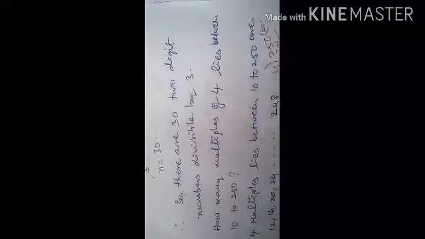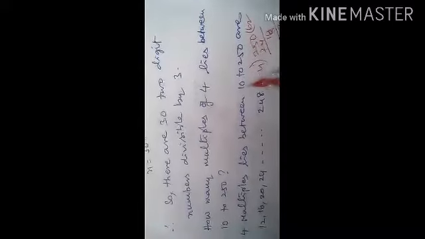The next question is, how many multiples of 4 lie between 10 and 250? So the multiples of 4 between 10 and 250 are like this. When you are writing multiples of 4, they are 4, 8, 12 and so on.